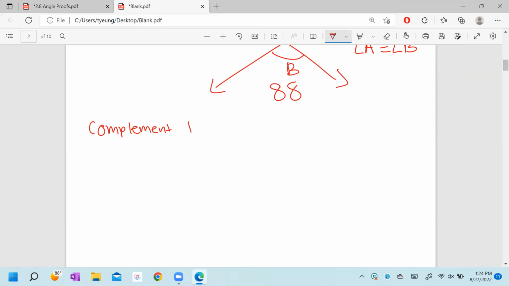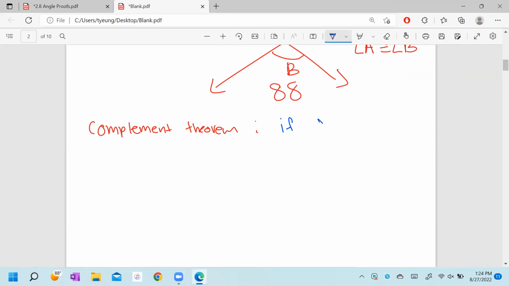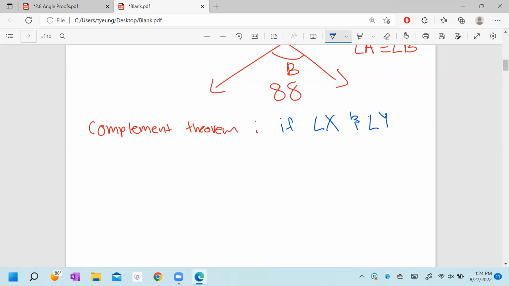Our complement theorem just says if angle X and angle Y equal 90 degrees, then angle X and angle Y are complementary.